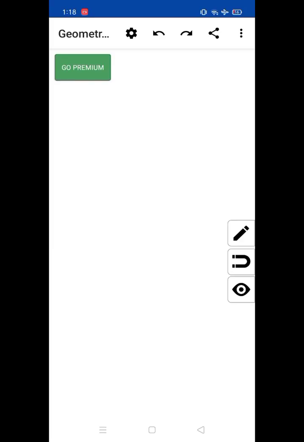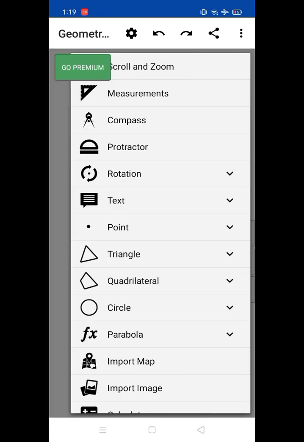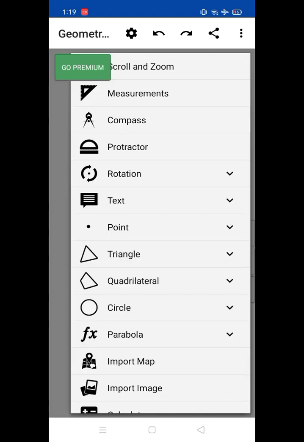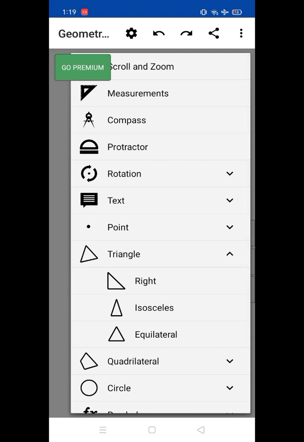To further discuss triangles, I will make use of the Geometry Pad application and we will draw some triangles. So here in the Geometry Pad, we can just tap the pencil icon, and then find the triangle section here, and we can see the different kinds of triangles.